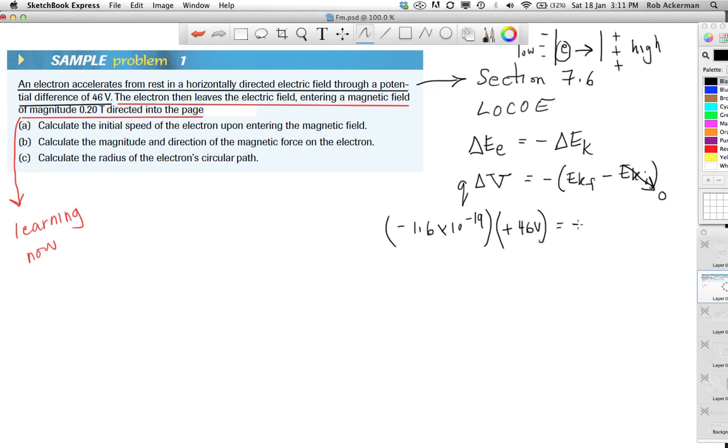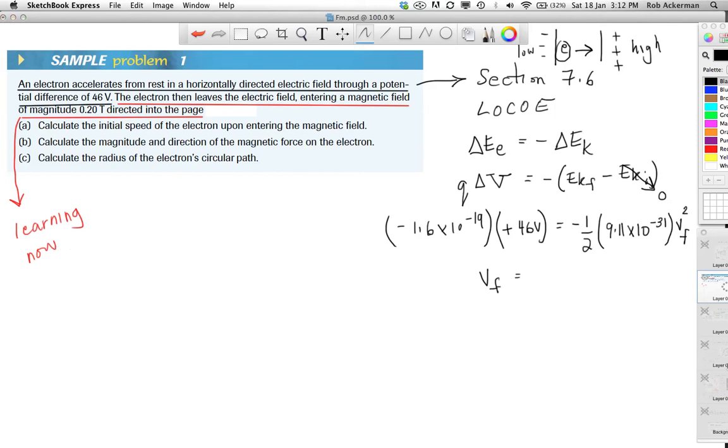Here we've got negative EK final, which is negative a half, the mass of an electron, which is 9.11 times 10 to the negative 31, V final squared. I've run out of room here, but I can probably squeeze that in. If you take a moment to solve for V final, you're going to know the final speed of the electron when it exits the electric field and finally gets into the magnetic field, which is the part that we're learning now.